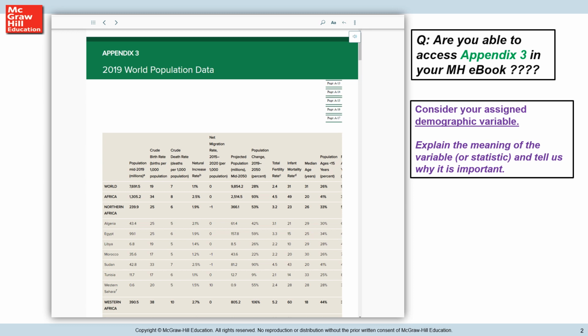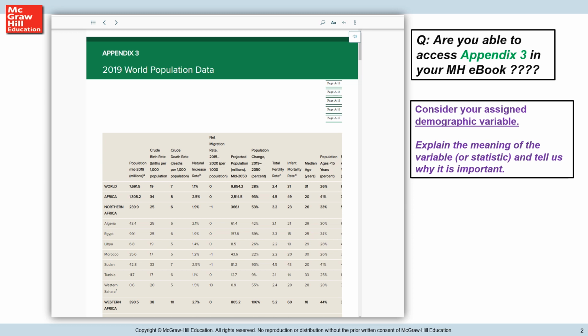Okay, for example, we're only looking at one small portion of the entire table, but you have rows for the world regions, individual countries. Well, if you have a number that's in there, things like birth rates, death rates, things like total fertility rate, it's a number. But what's the meaning of that number?